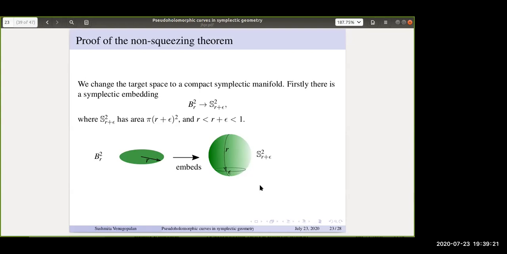Remember that a symplectic form on a 2-sphere just consists of an area form, and a ball also has a standard area form. So it's not very hard to visualize that you take a ball of slightly larger area, you take a sphere of slightly larger area, and embed the ball into it. You can assume that your sphere has area pi (r plus epsilon) squared, where epsilon is small enough so that r plus epsilon is smaller than 1. So you take an embedding like that.